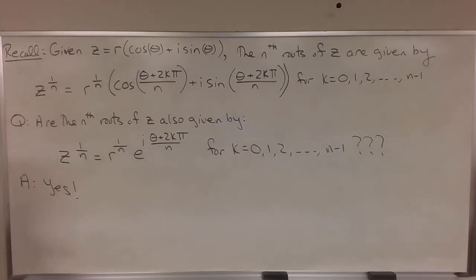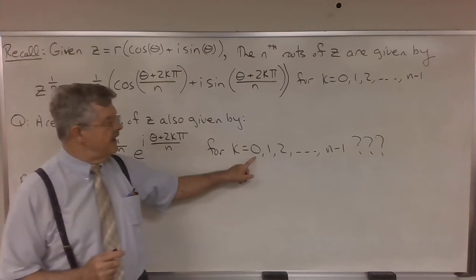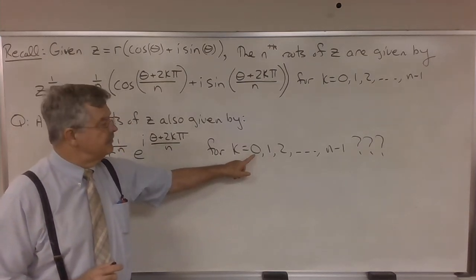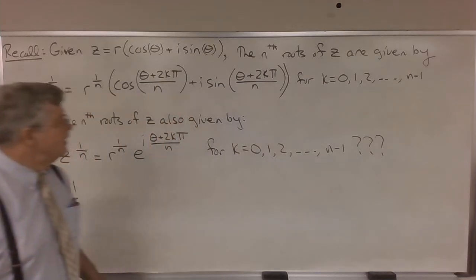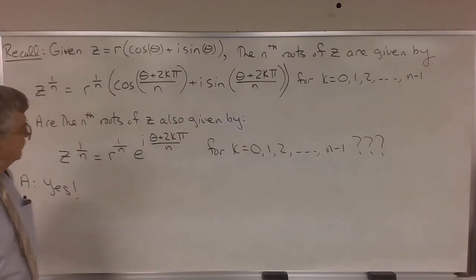And notice that for each value of k, from 0 to n minus 1, we get a distinct nth root. So if we let k run through all of its n values, these values of k generate all of the nth roots of z.